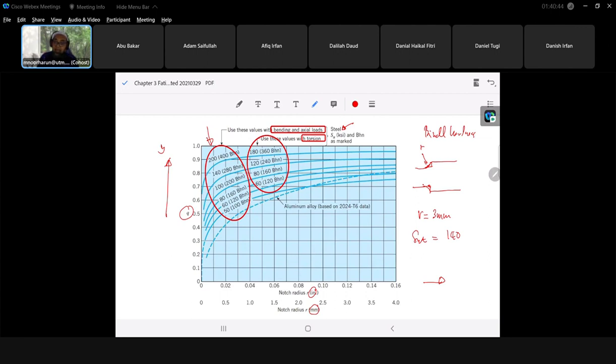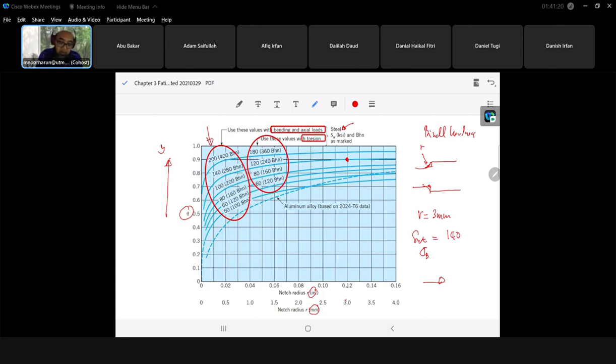The specimen experiences just bending. So 140, you see 140 here, between 200 and 140. At 3 mm, you get the value caused by the bending.